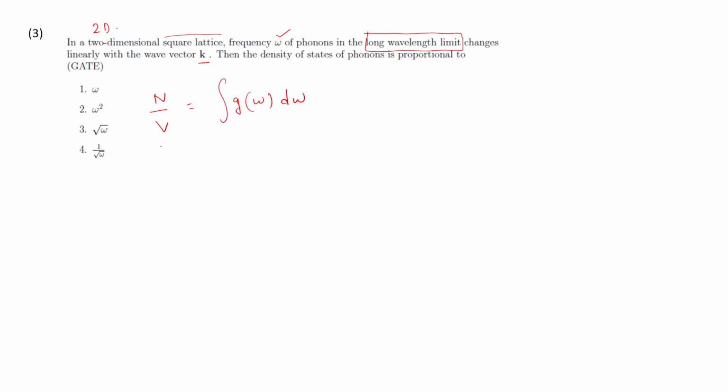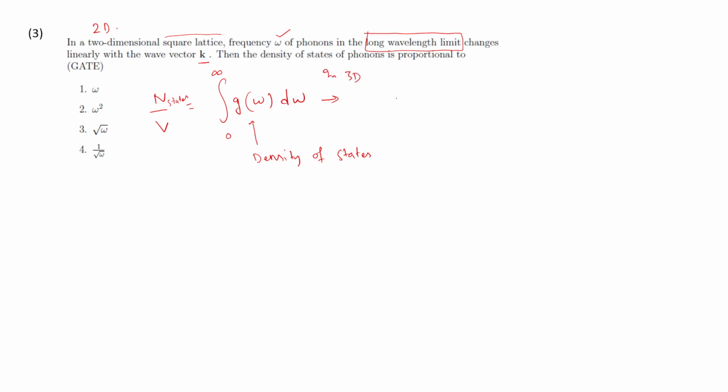This is the number of states per unit volume, and omega, since it is a frequency, will have all the states, and this is the number density of states. Okay, and this thing is called density of states. So this is in 3D.